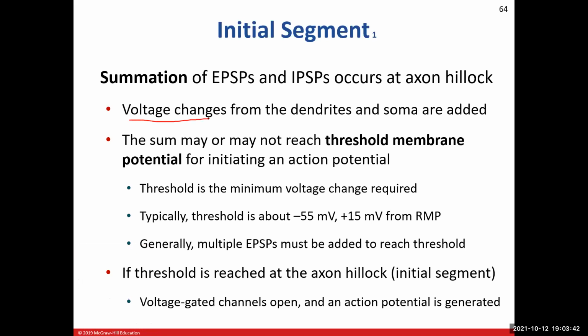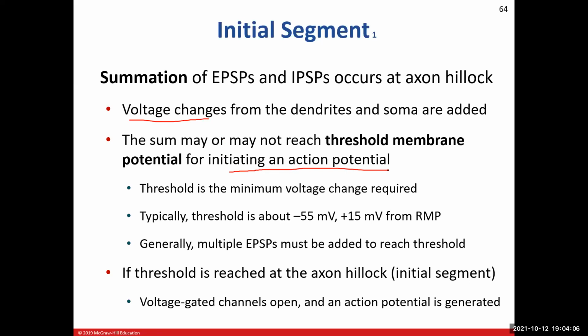And we are going to see if the sum of that reaches what we call the threshold membrane potential. And if it does, then we can initiate an action potential. By golly, folks, we hopefully will do it.